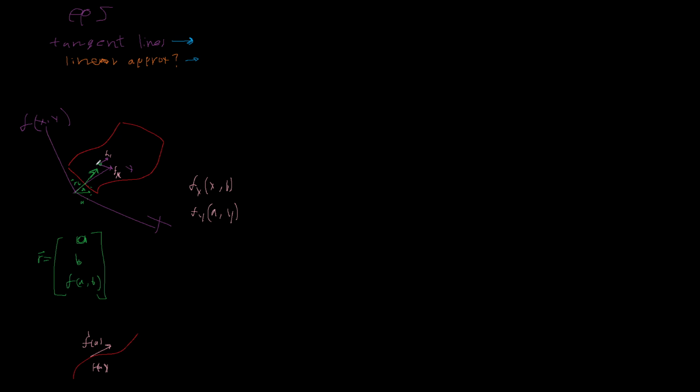And so we can form two tangent lines from this. We can form one line here, which is going to be line Lx. We can form another line here, which is going to be line Ly. So we don't have one tangent, we have two tangent lines.